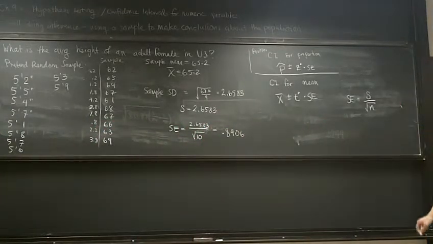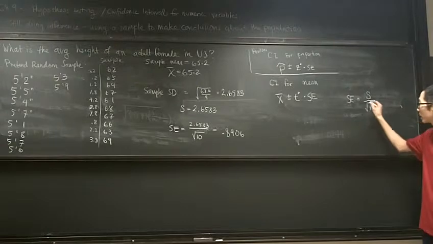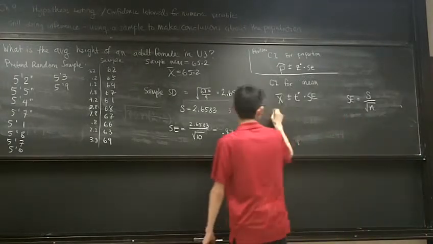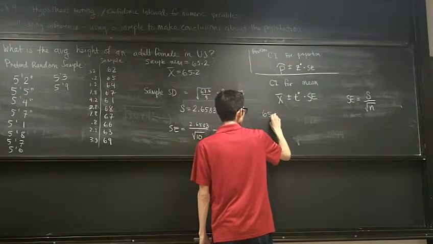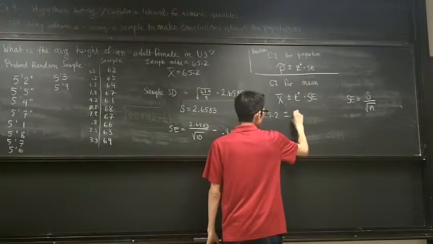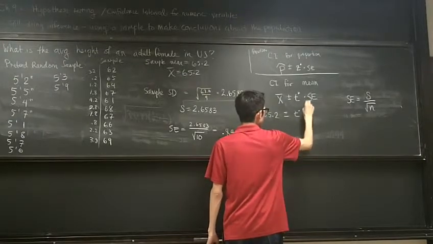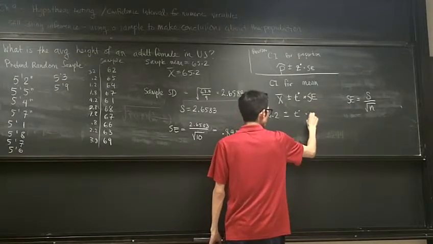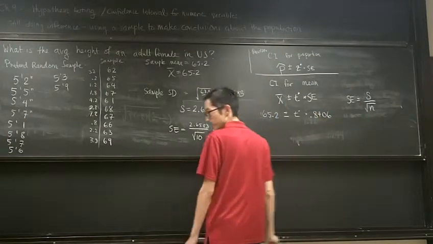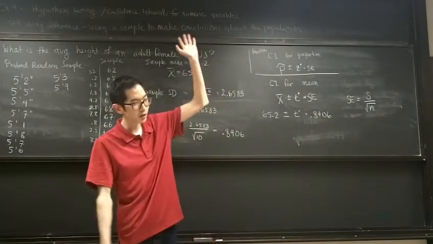If you miss a number, that'll mess things up. So that's our standard error. X bar is what? 65.2. So we have 65.2 plus or minus t star times my standard error, which is 0.8406.